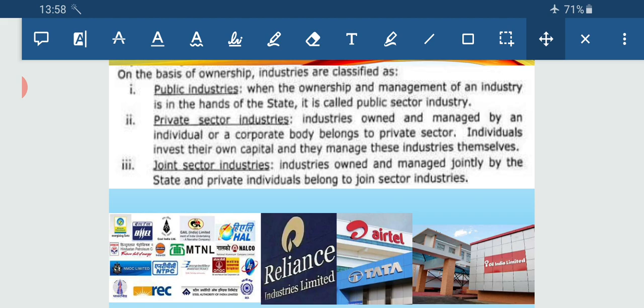And the third point of difference, large scale employment generation is there under the public, because they are doing the work of welfare. But under the private, the employment generation is very restricted to skills.